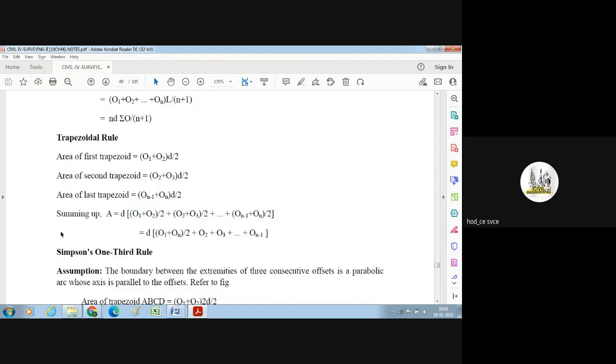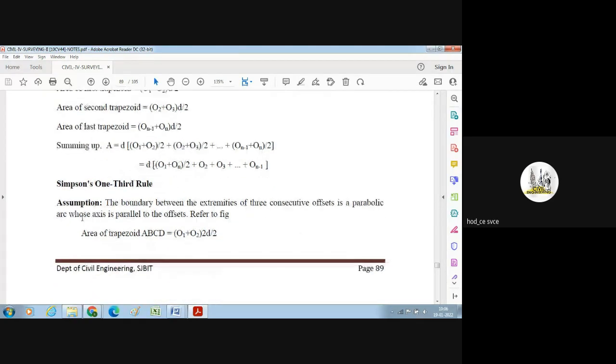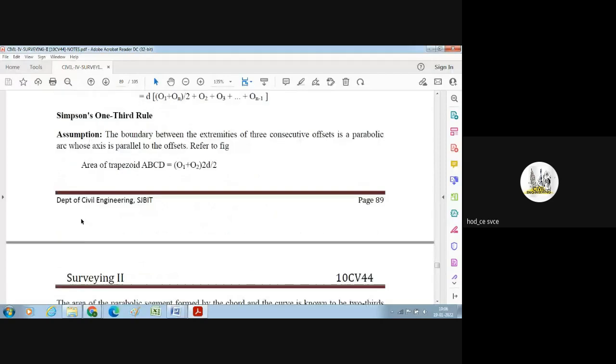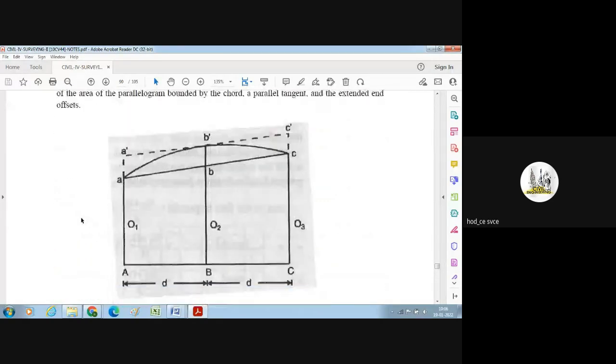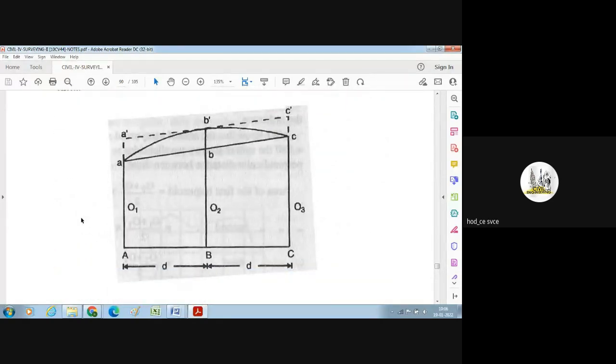Next, Simpson's 1/3 rule. See here, actually the shape is like this. Capital A, B, C, and these are the ordinates O1, O2, O3.